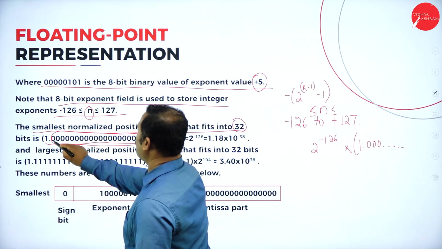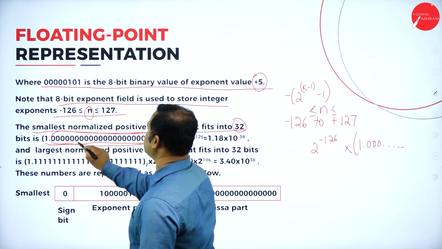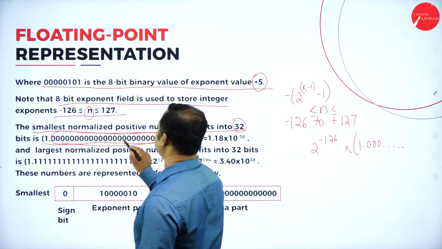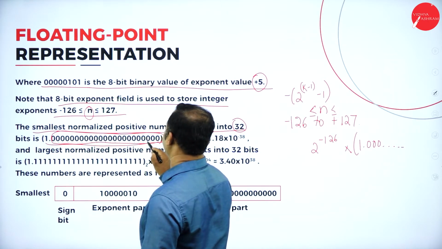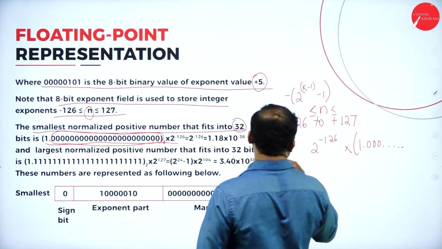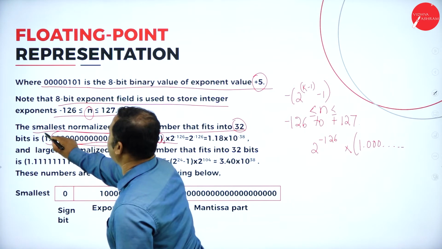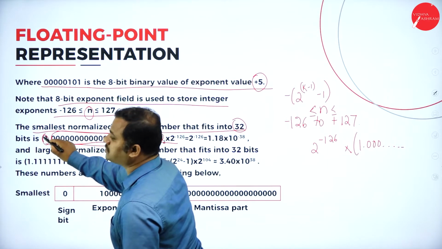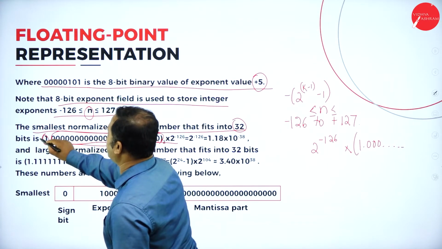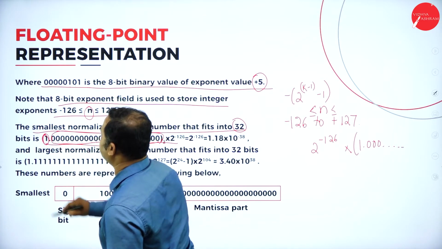We count 1, 2, 3, 4, 5, 6, 7, 8, 9, 10, 11, 12, 13, 14, 15, 16, 17, 18, 19, 20, 21, 22, 23. So totally we have 23 bit positions here. Similarly, we have 1 in the integer part, and there is no negative sign here. So this is the minimum value.